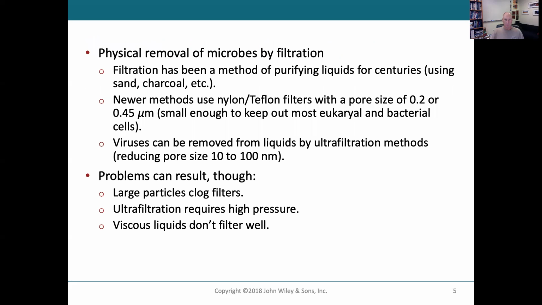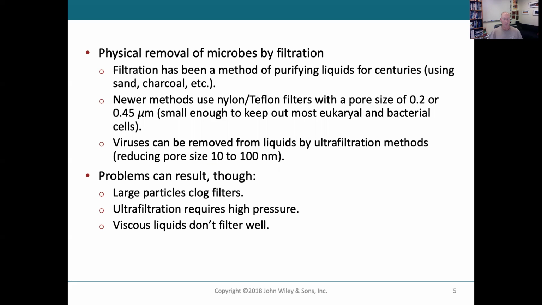Okay, so one way that we can remove microorganisms is by filtration. And people have actually been using filtration for a long time before they actually knew about the details of bacteria. Water has been purified by filtering through sand and charcoal and other things for many centuries. And that does kind of work because the bacteria will stick to these porous surfaces, right?